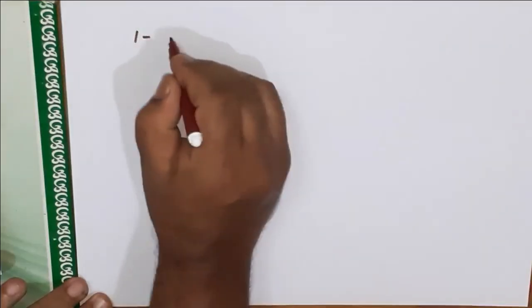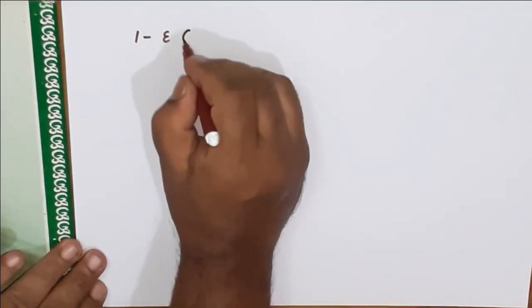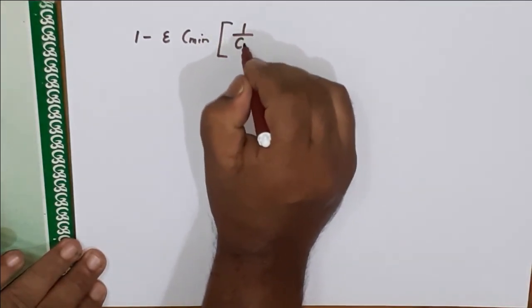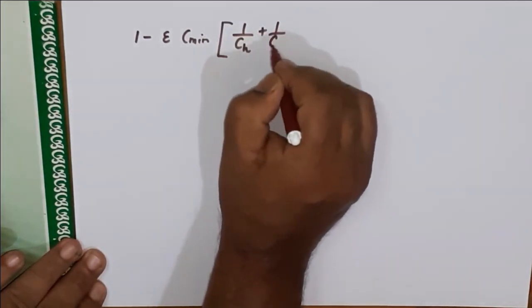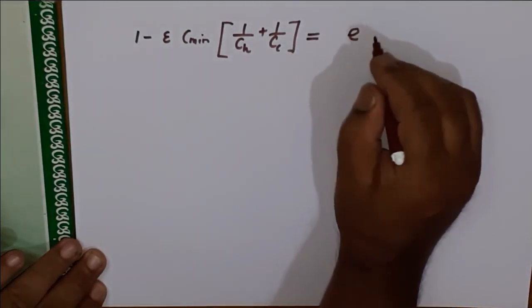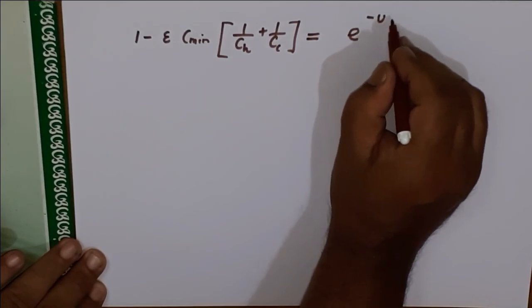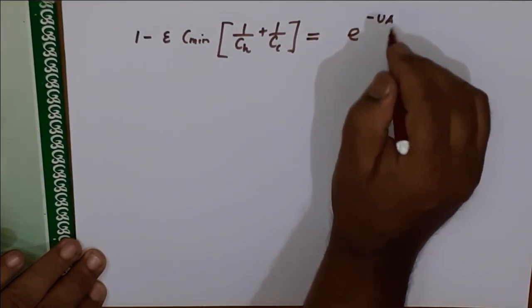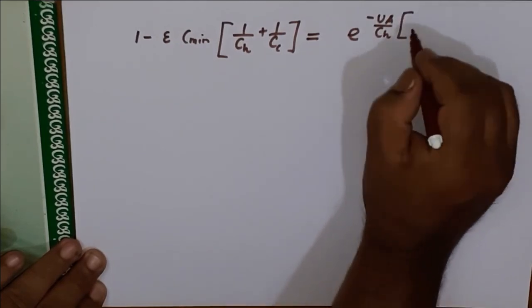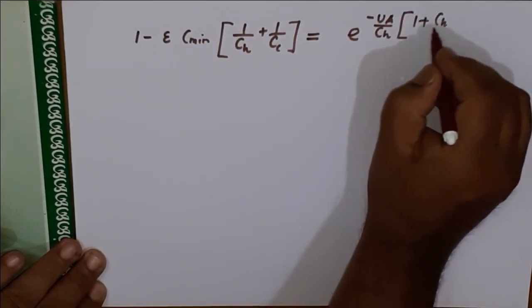1 minus effectiveness C minimum into 1 by CH plus 1 by CC is equal to, what is Y? E power minus UA by CH into 1 plus CH by CC.